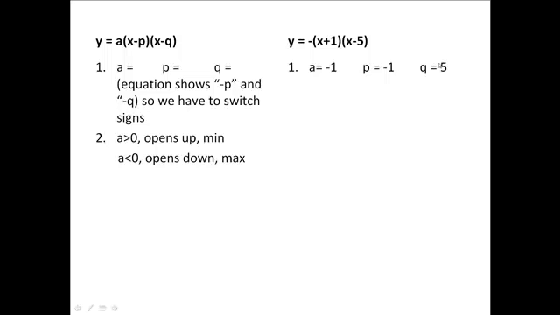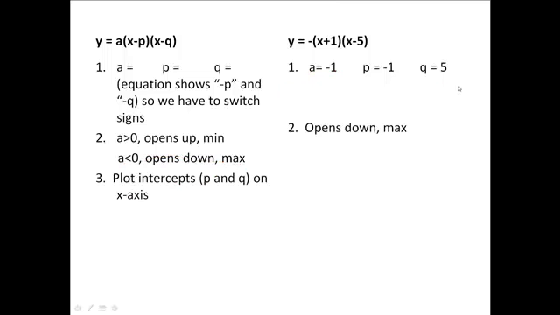So in this case, a is negative, which means that it opens down and has a maximum. Sorry, it's a little crazy with this pen here. So we open down like that, which means that this top point will be the maximum.